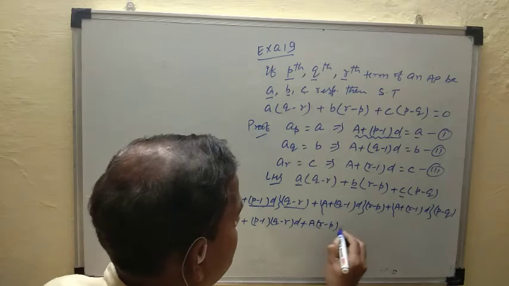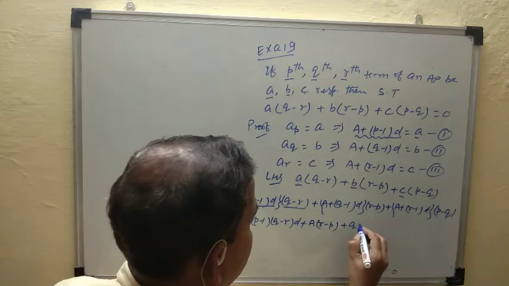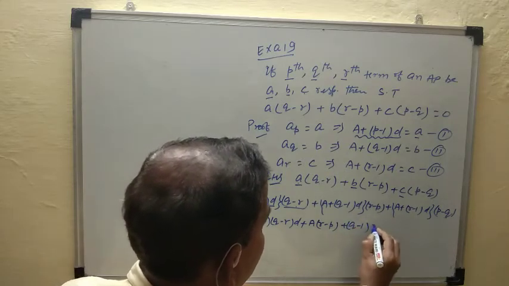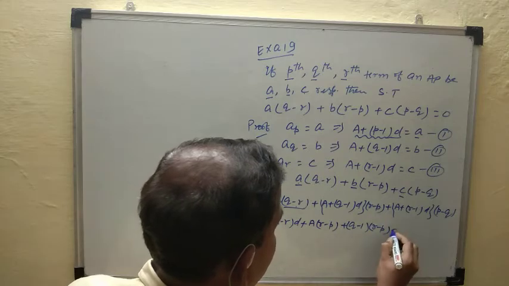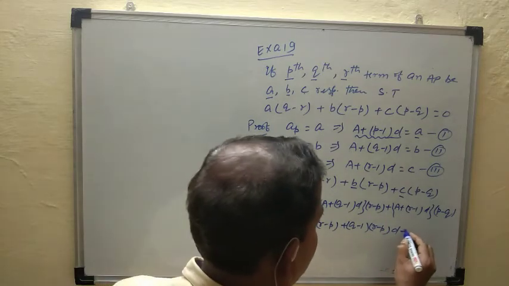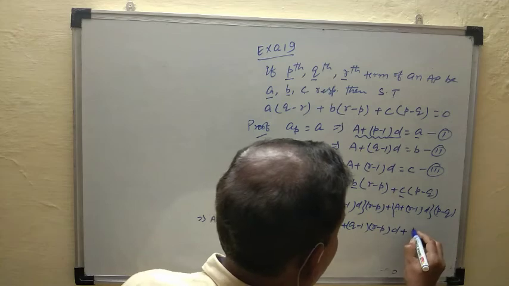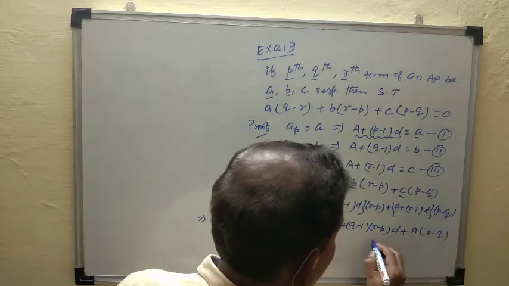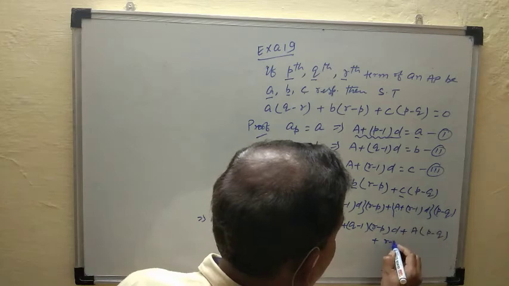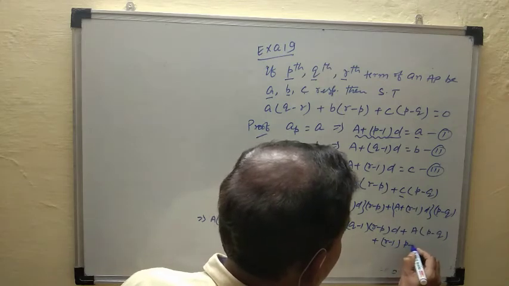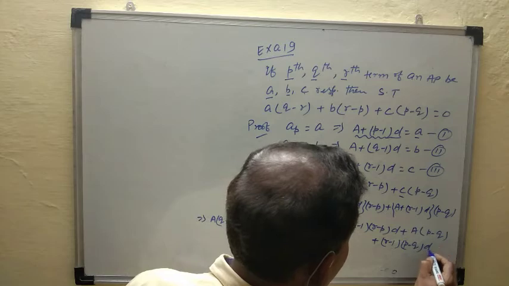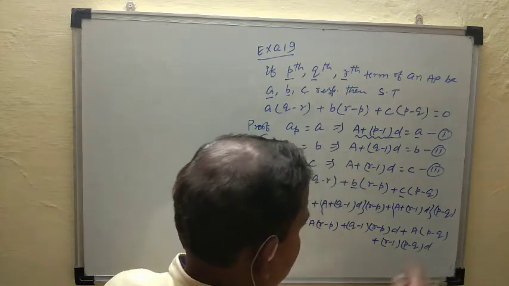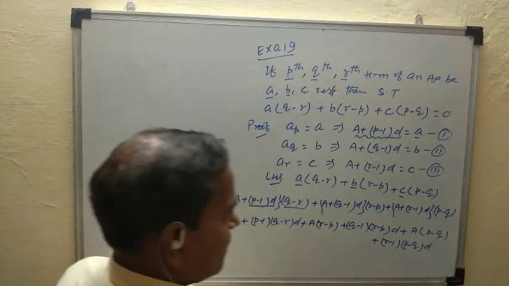(R minus P) plus second term (Q minus 1) into (R minus P) into D, plus third term A into (P minus Q), then plus multiply here (R minus 1) into (P minus Q) into D, that is this term multiplied by the second term.